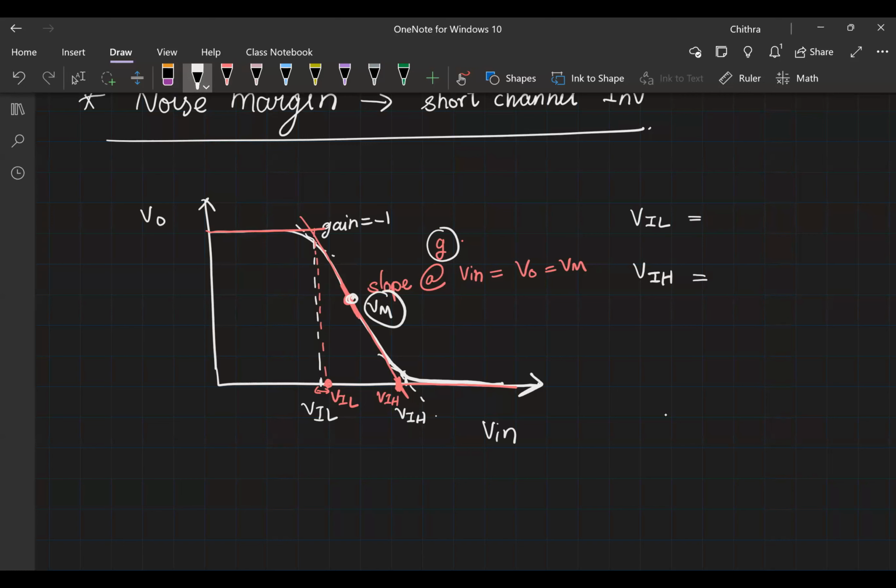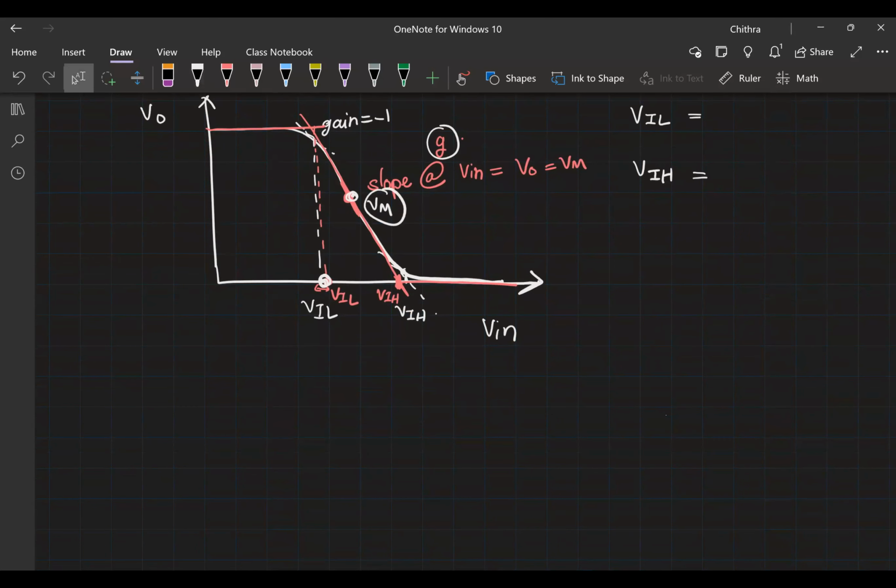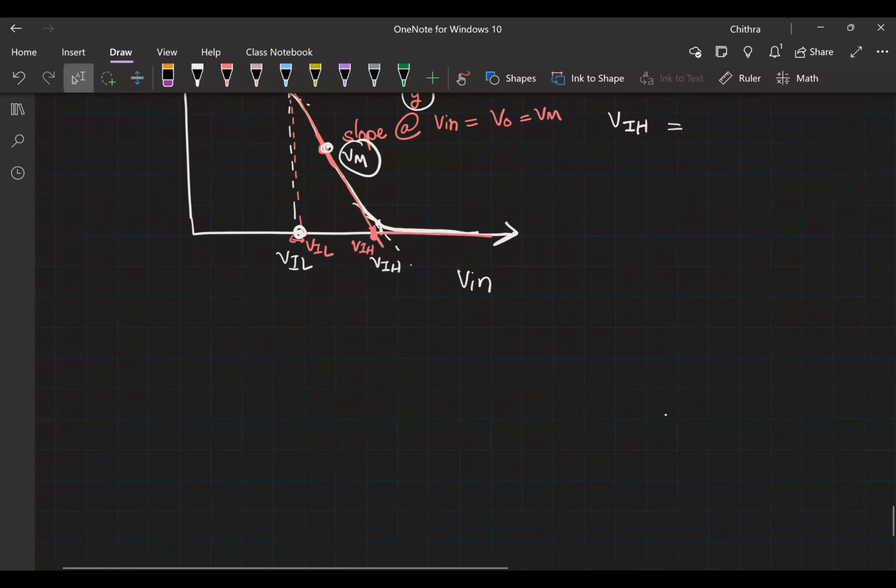So the idea is, what is the Vin value below which the input voltage is considered as logic 0? How would I find this? Yeah, find the equation for the line, right? You basically calculate the slope in terms of Vm and VIH in one go.